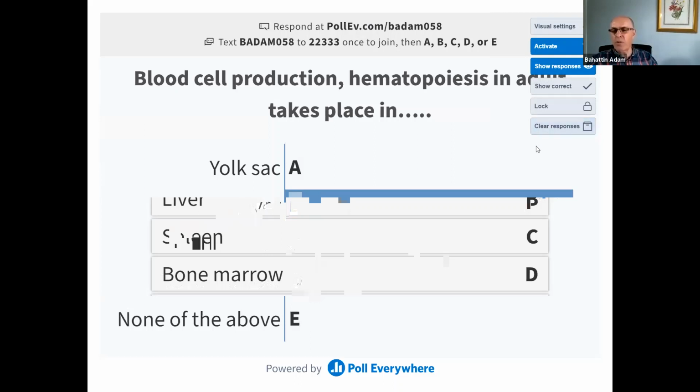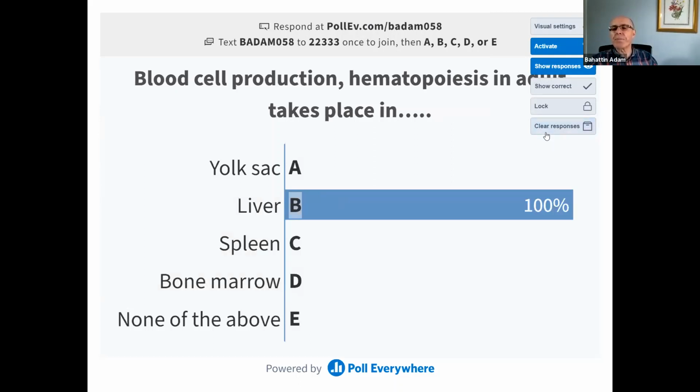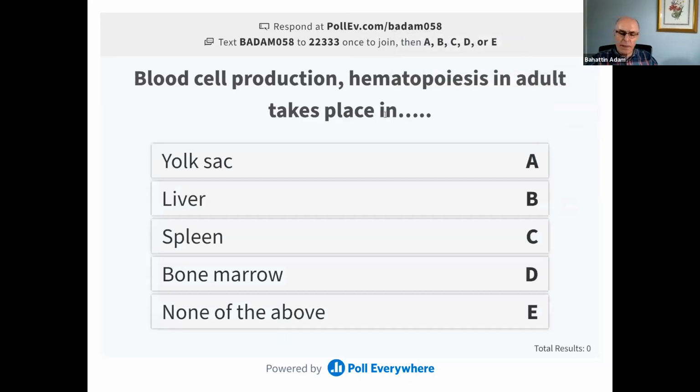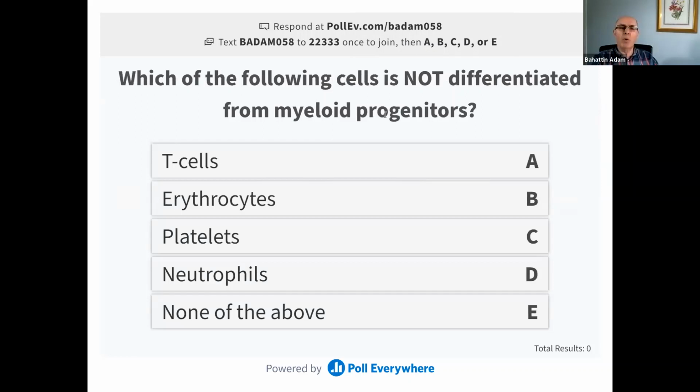Now we are going to learn the next one. Which of the following cells is not differentiated from myeloid progenitors? T cells, erythrocytes, platelets, neutrophils.